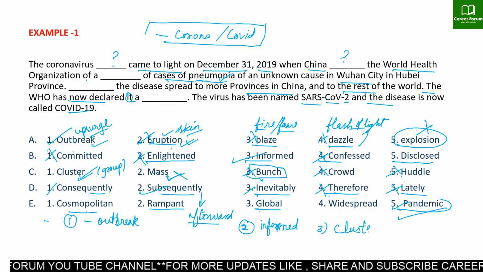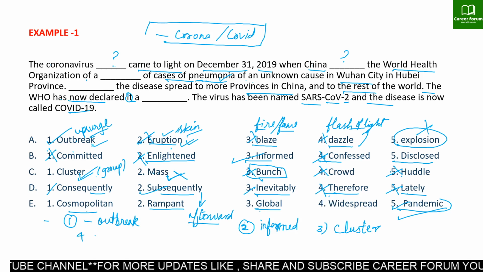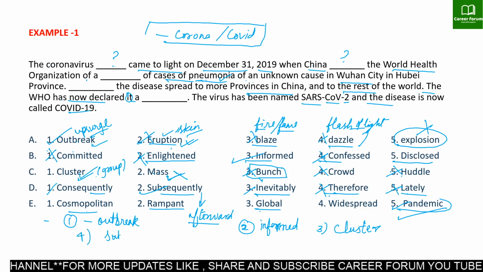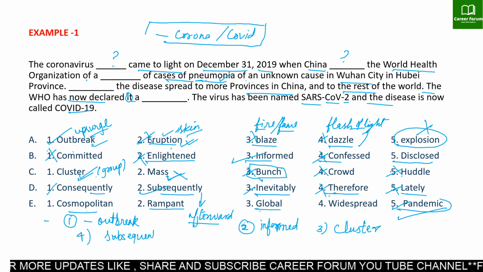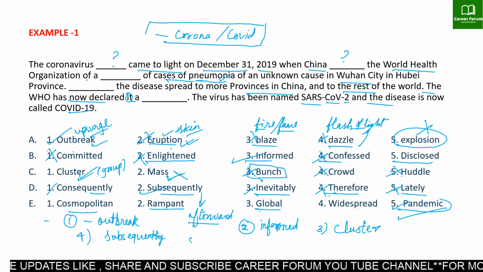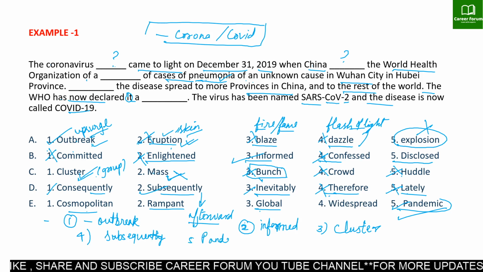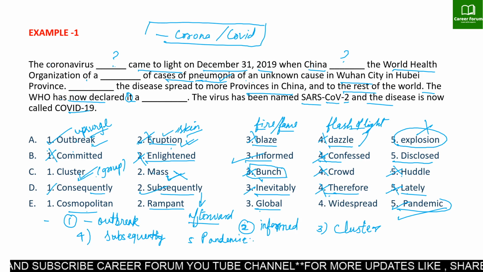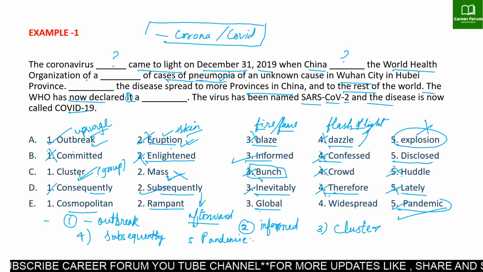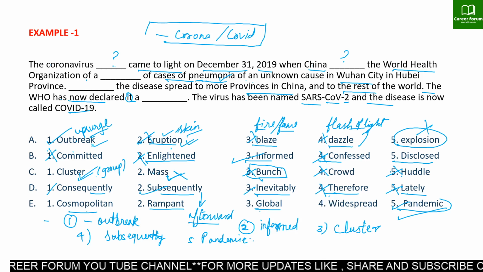In the fourth blank we need subsequently. And in the fifth we need pandemic. So these are the appropriate choices. Fine. And this is how we solve a closed test passage.